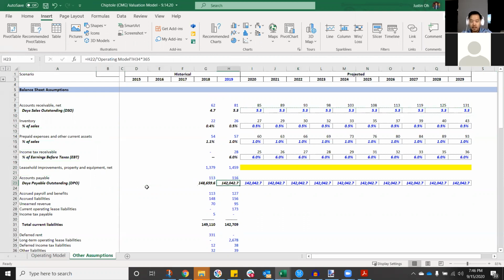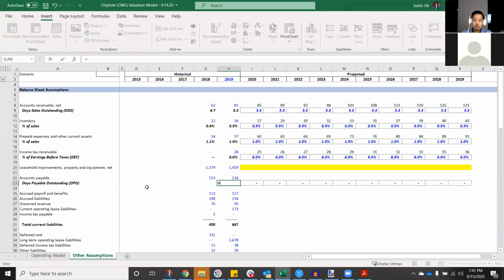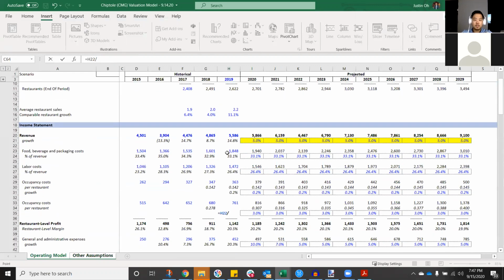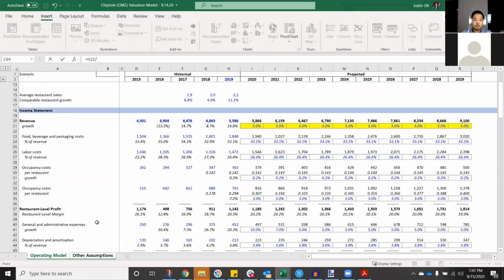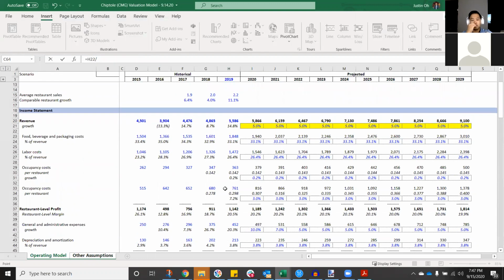DPO is how long does it take for them to pay their vendors? So it should be this formula. It's equals accounts payable, or well, this uses what we did last time, divided by, so instead of revenue, it's kind of cost of goods sold, but we don't really have a true COGS here.